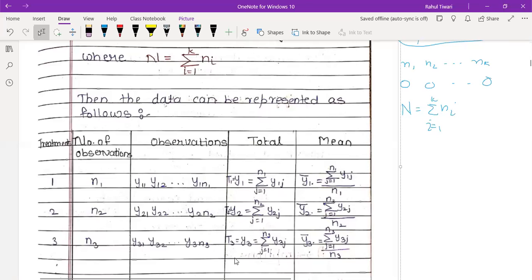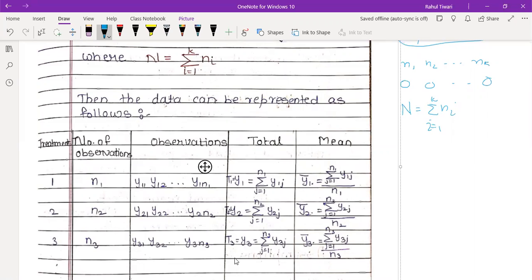If I take the total of all of these, it is called y1, or simply t1. Similarly y2, y3, and so on.